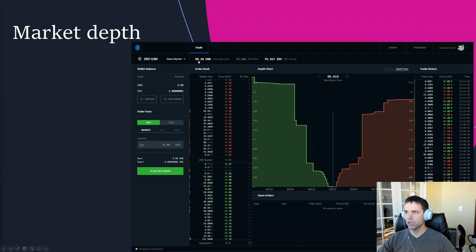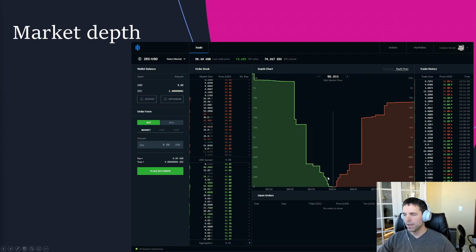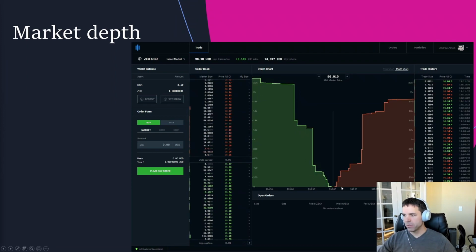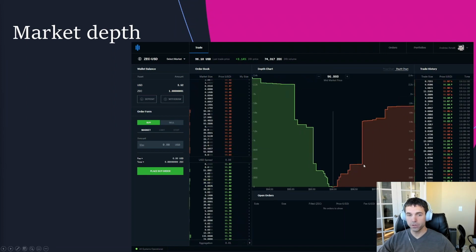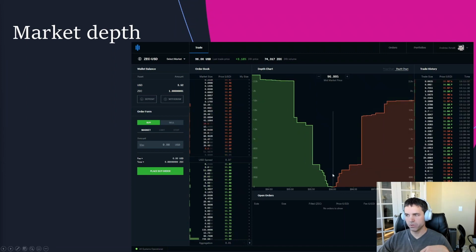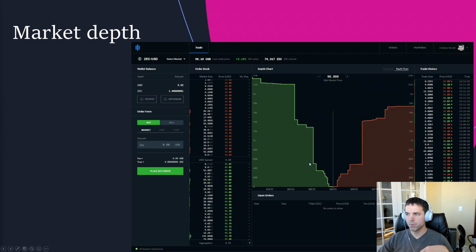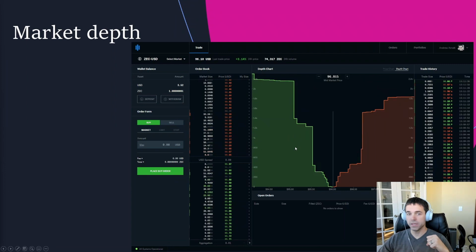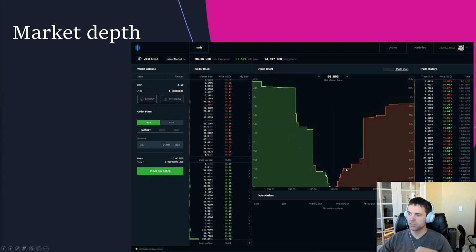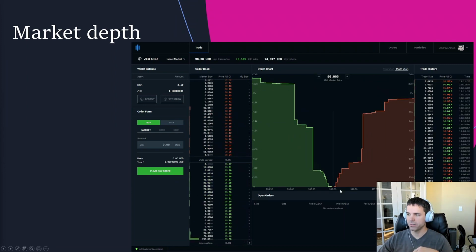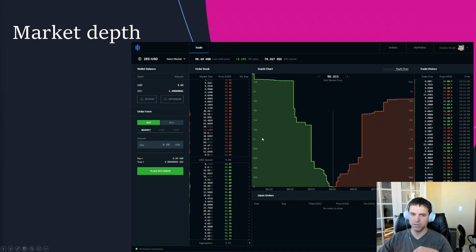That's going to be close to what the last trade price was, but not necessarily the same. And then as the price goes up, more and more shares are offered for your taking. Or as the price goes down below the mid price, more and more are willing to buy at that price. So sell price goes up this direction, buy price goes down this direction.